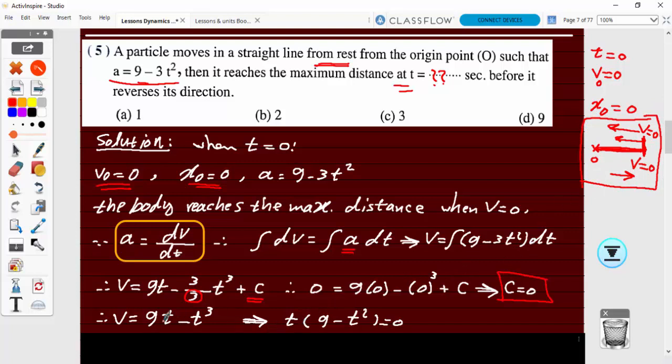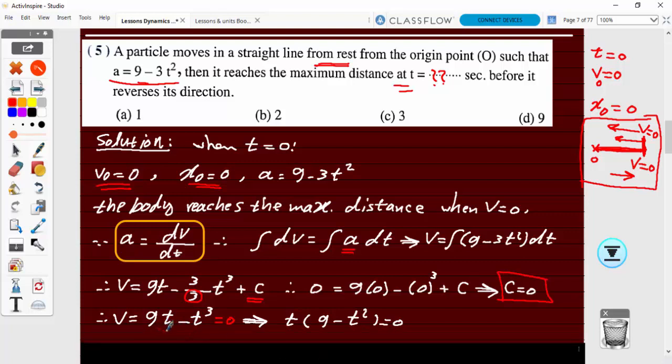Okay? So when v equals 0 here, we factorize the right-hand side. You can take t as a common factor: 9t divided by t equals 9, negative t power 3 divided by t equals negative t squared.